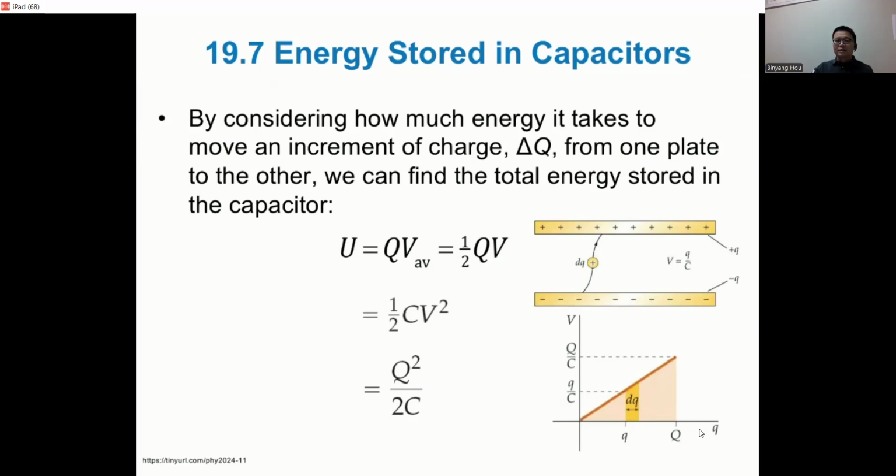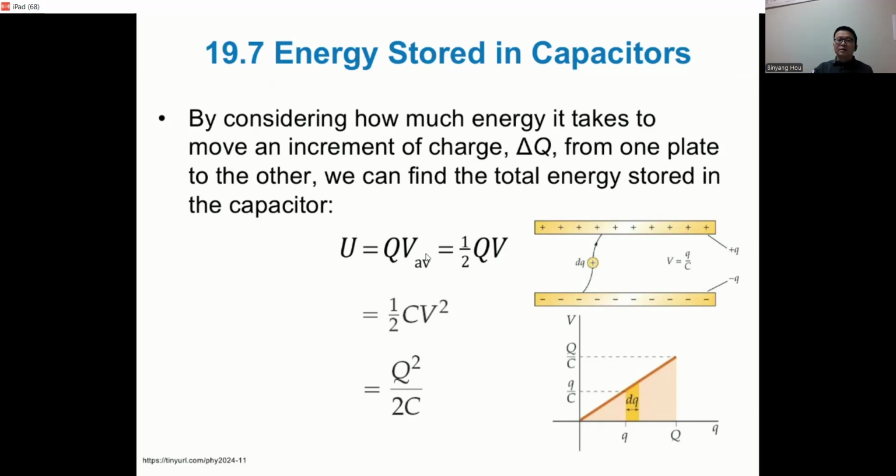Now, for one Q and one V, from here to there, you need to overcome the work of Q times V, because Q times V is electric potential energy, and that's the work done by or against the electric field. So then U will be equal to the total final charge times the average voltage, which you can think of as half of the final voltage.